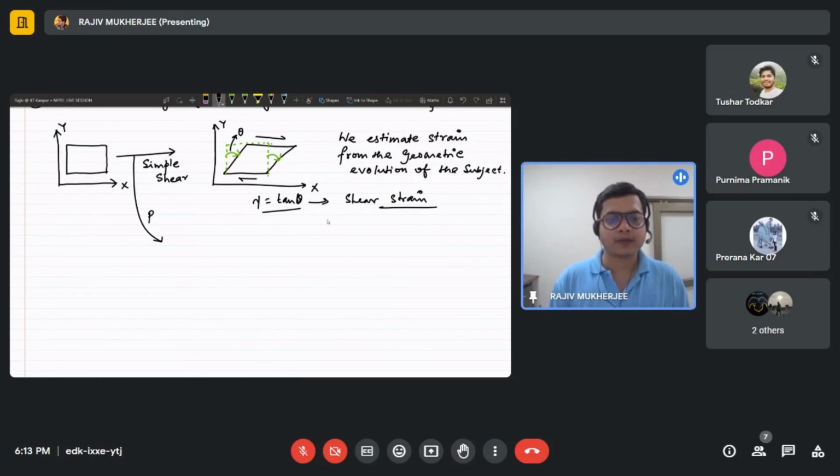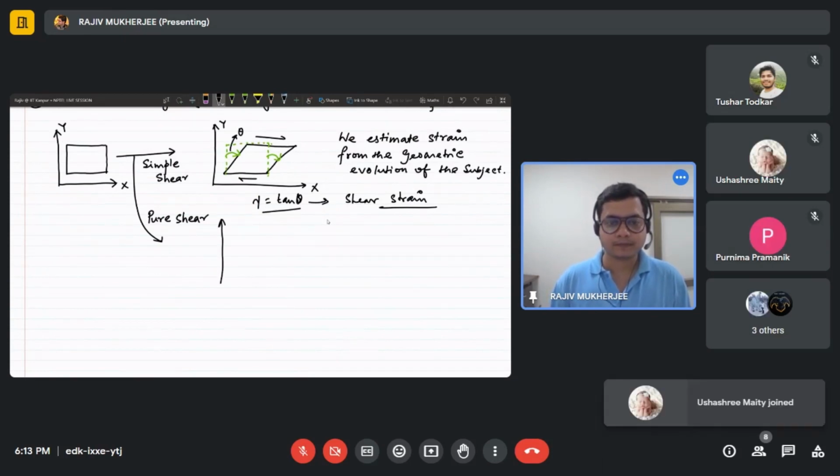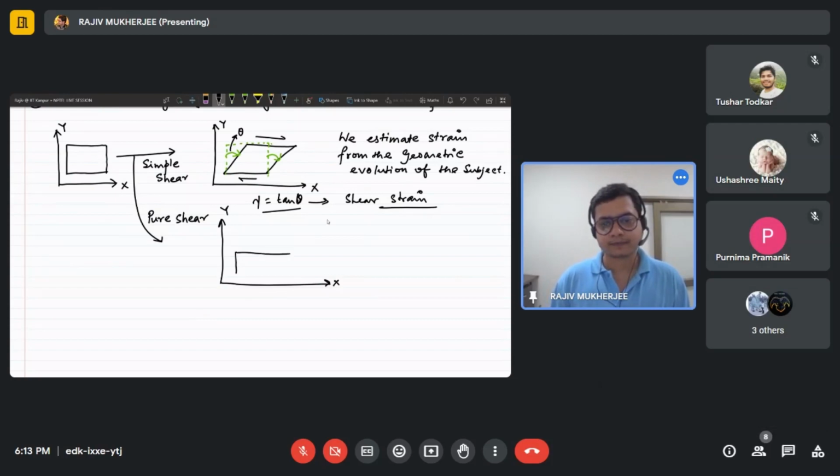So if I apply pure shear deformation to this object, what would happen? So it would become like this, right? Even in that case we need the initial shape to estimate how much strain has been accommodated through pure shear.